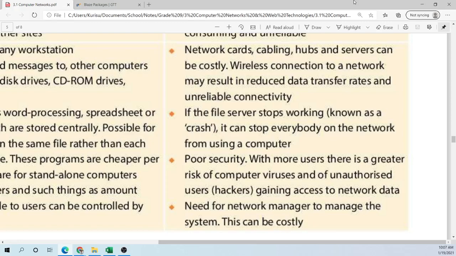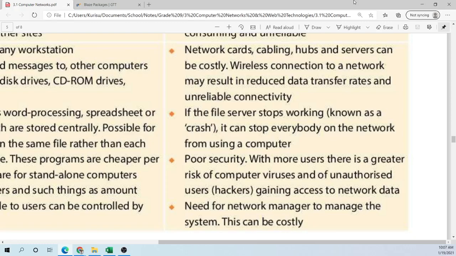If the file server stops working, known as a crash, it can stop everybody on the network from using a computer. Poor security. With more users, there is a greater risk of computer viruses and of unauthorized users, hackers, gaining access to network data. Need for a network manager to manage the system. This can be costly. Good.